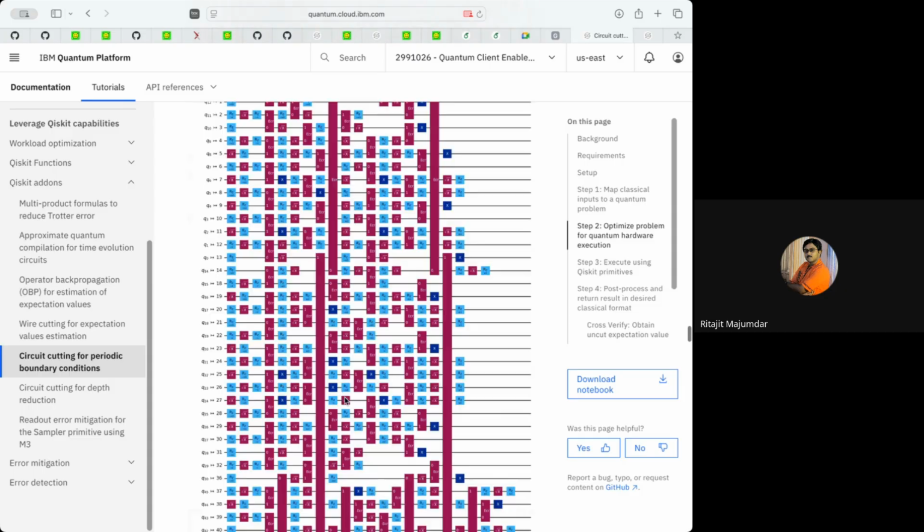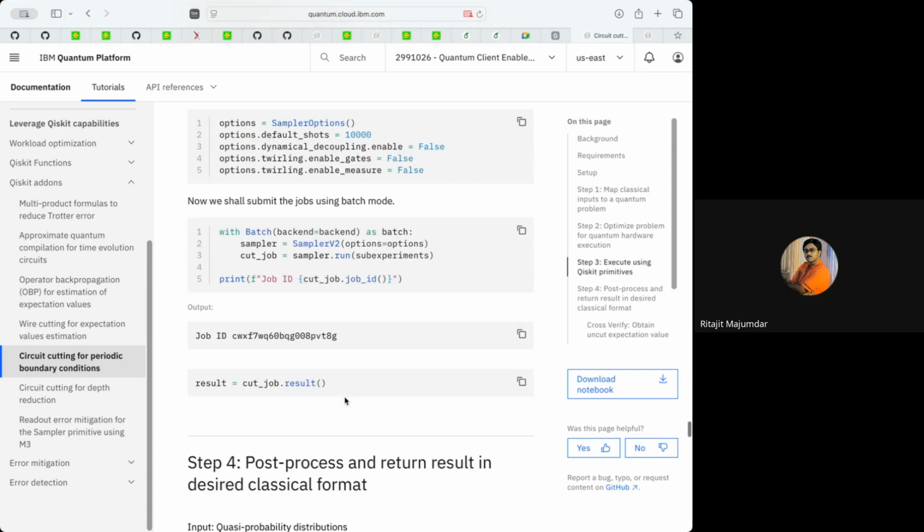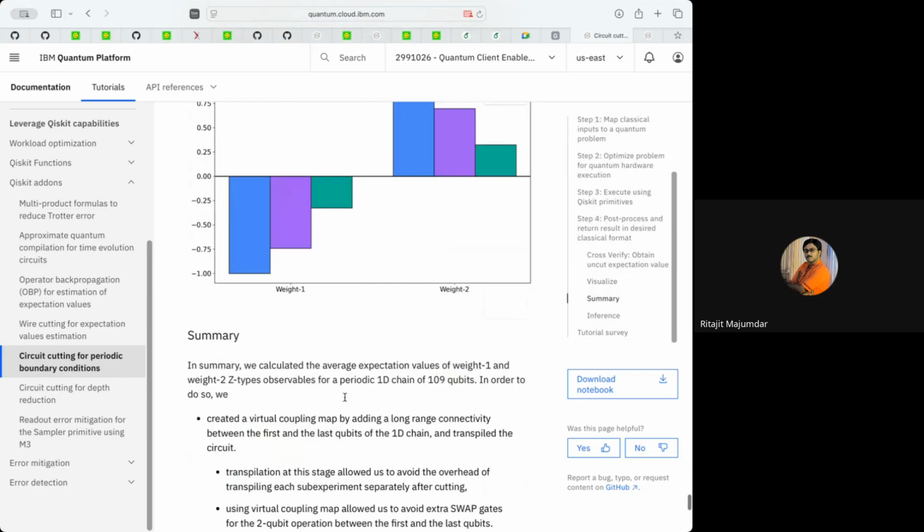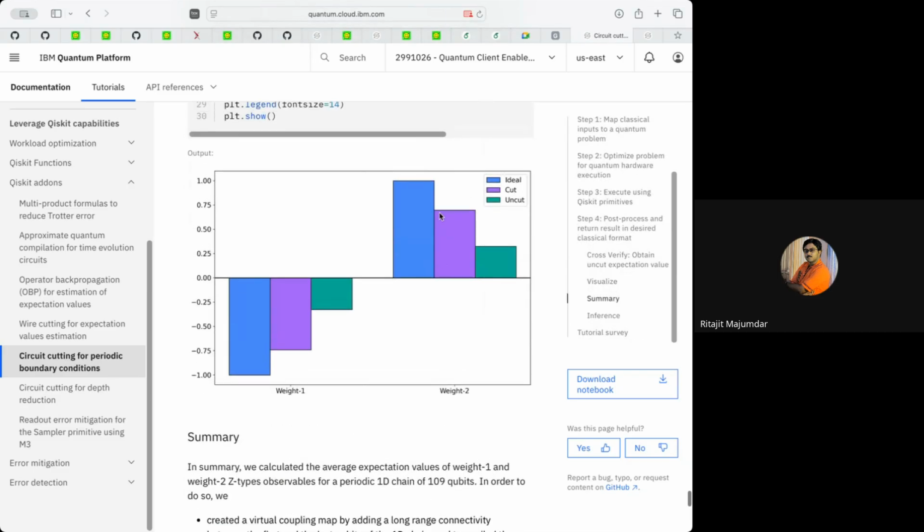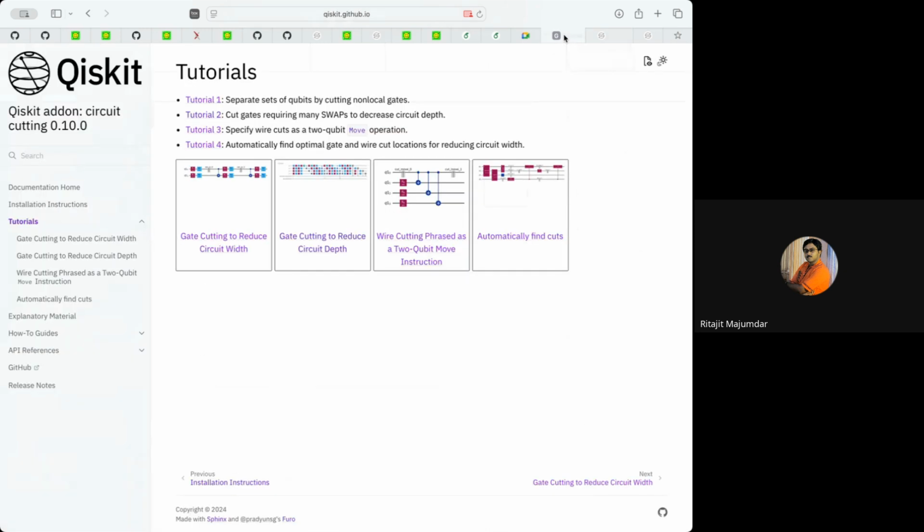In fact, if you look into the final results for this tutorial, you will see how much cutting improves over uncut. There is no other error mitigation used here. That's one immediate example. There are many other use cases.